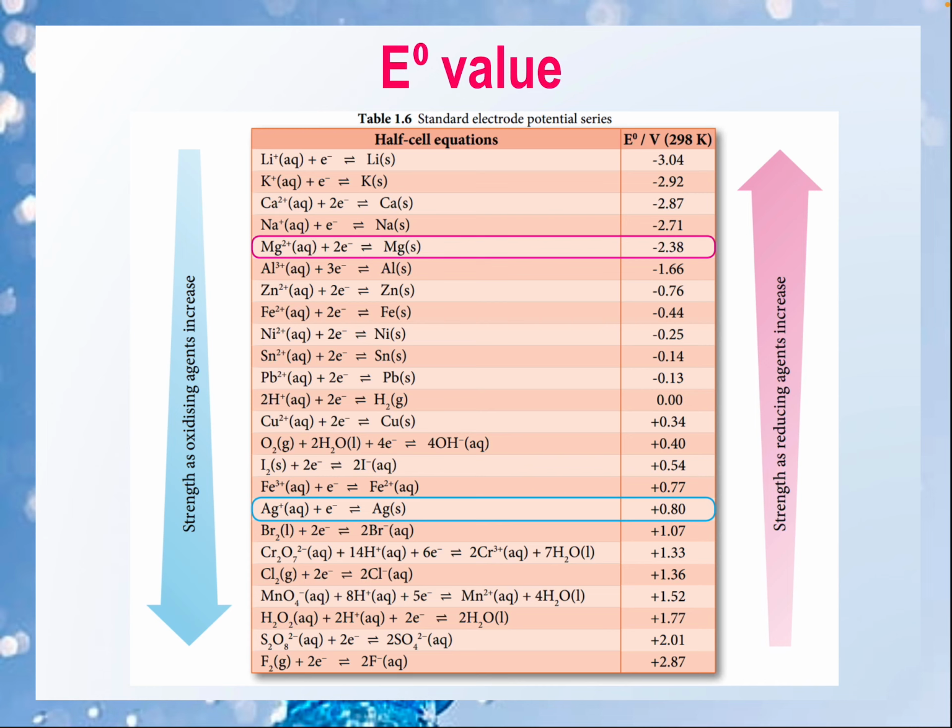Tu sama. So, lagi atas, lagi more negative akan undergo oxidation, so dia akan adalah reducing agent yang bagus. Siapa yang lebih bawah, which is more positive, dia akan undergo reduction. That makes them a better oxidizing agent.